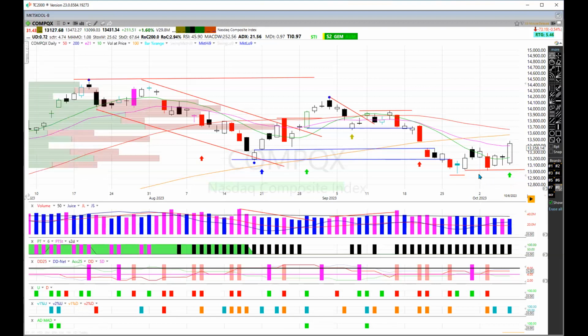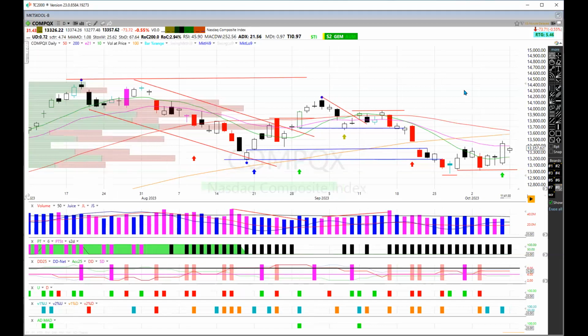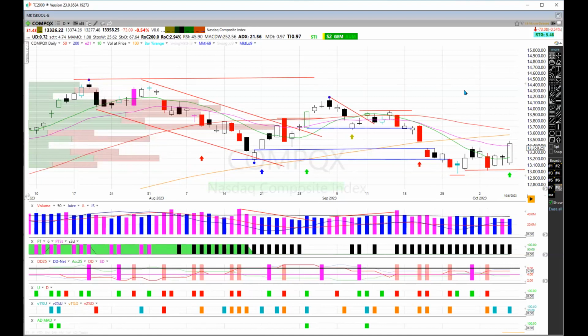So if we look at today's action, which is Monday morning, we see ourselves gapping down. For some reason, it doesn't want to stick over there, but okay.